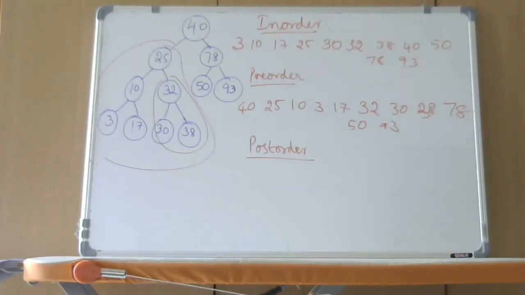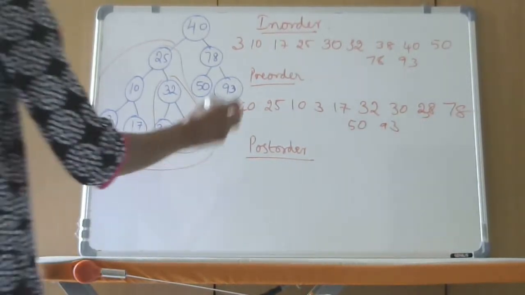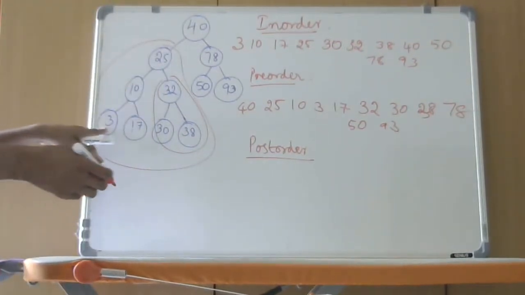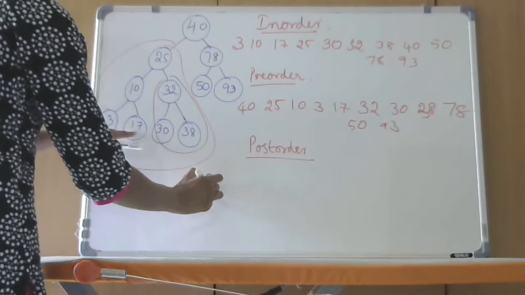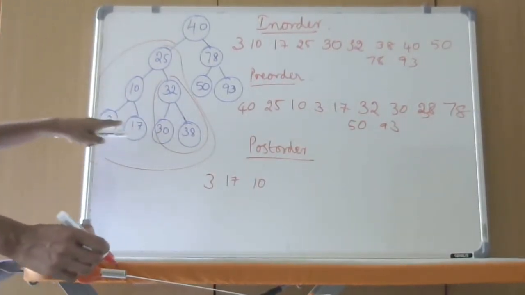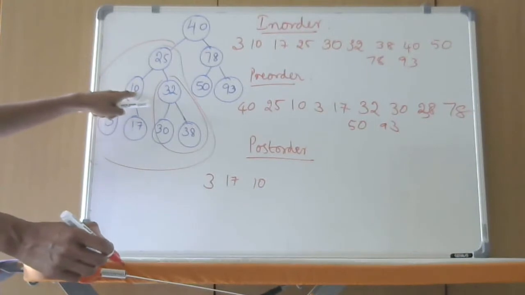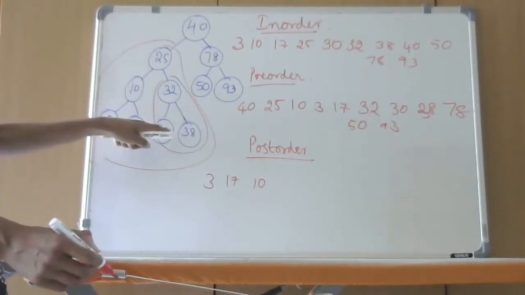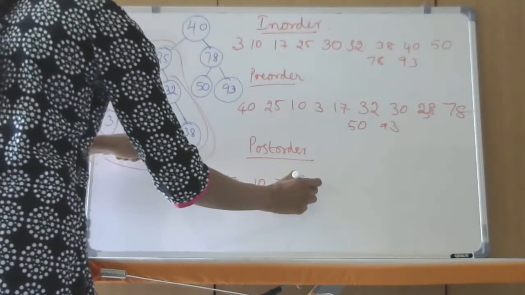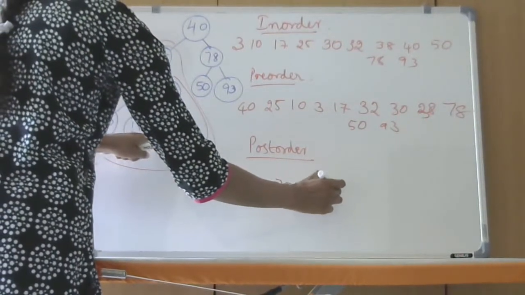Post-order: left, right, root. Root will come in the end. So I'll come to the left. Again left, right, root. Again, left is over. Now come to right. Left, right, root.